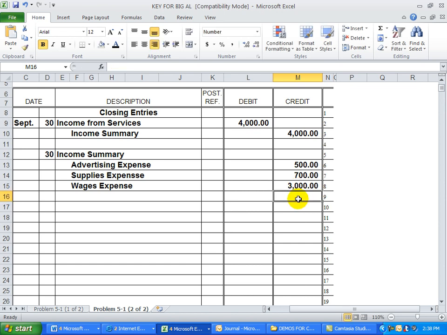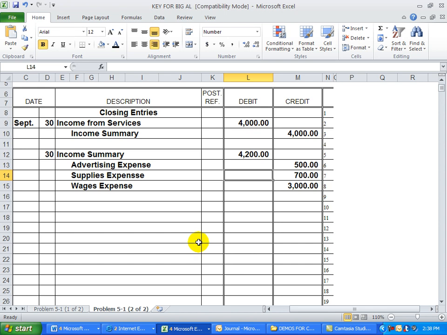Okay, now that we know what these three are, then we know what our debit up here will be, because this debit equals the sum of these three. So if we add these together, our total expenses are $4,200. The debit equals the sum of the three credits. Looking at this right now, Big Al might be tough, but he's not making a net income this month because his expenses exceed his revenue by $200. So he has a net loss.